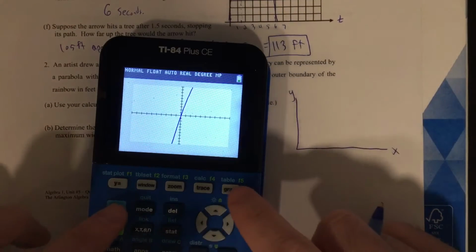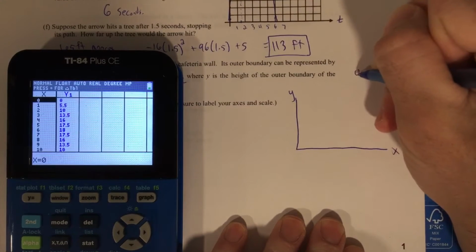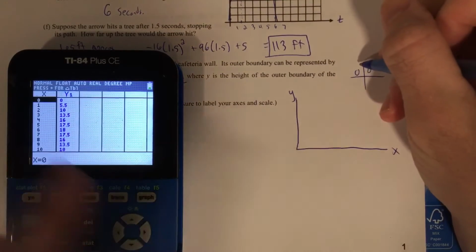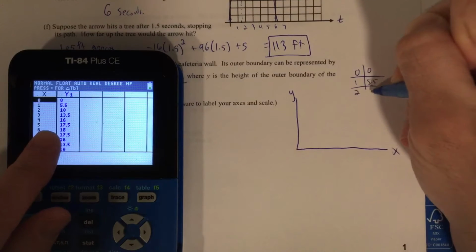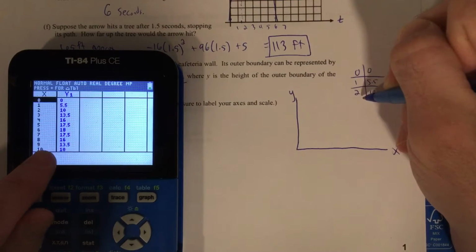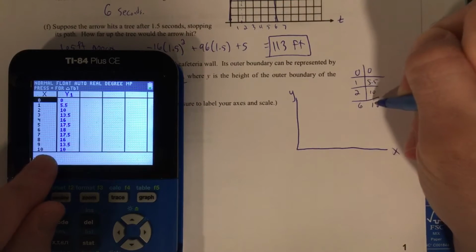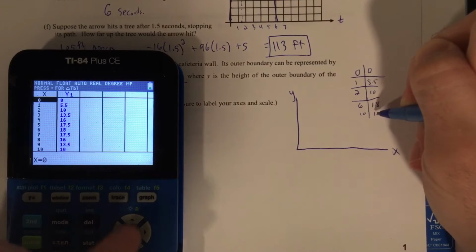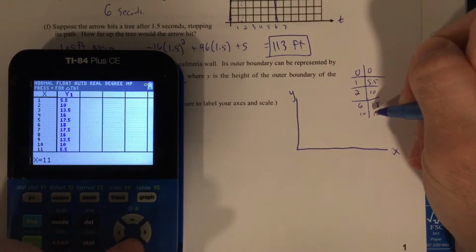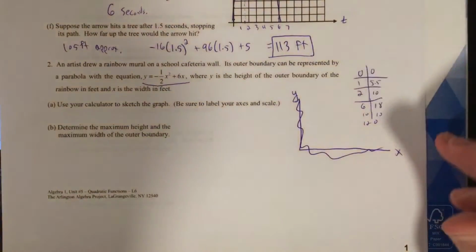But I am going to look at my table here. 0, 0, 1, 5.5, 2, 10. I'm just going to kind of, 6 is 18, 10 is 10. I did a bad job. And 12 is 0. So disregard that. I'm going to put it here.